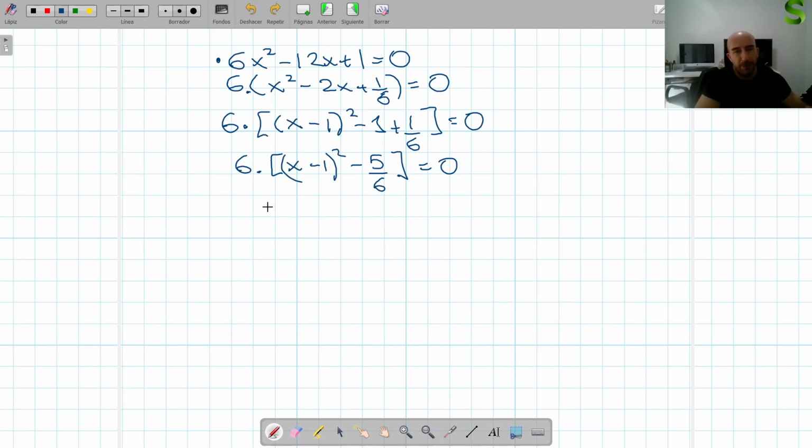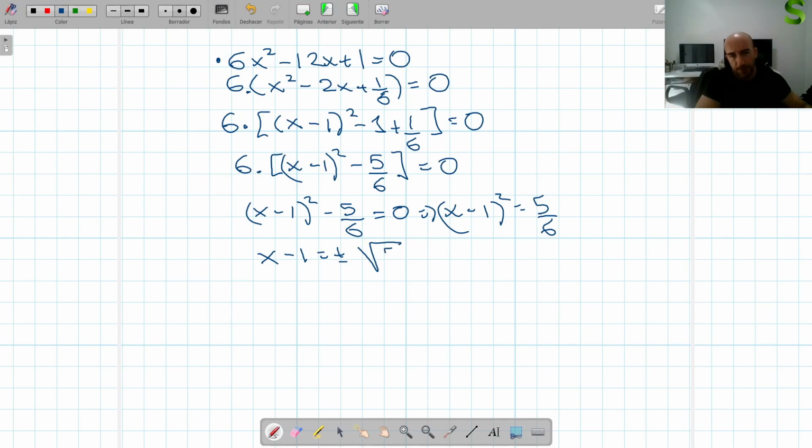Okay, so what we have to solve here is x minus 1 squared minus 5/6 equals 0. So x minus 1 squared equals 5 sixths. x minus 1 equals plus minus square root of 5 sixths. x equals 1 plus minus the square root of 5 sixths.